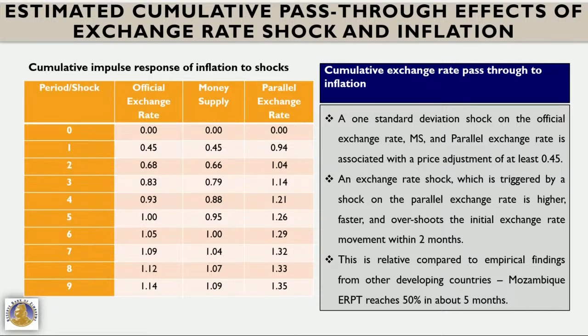When you shock the parallel market exchange rate, the response is even higher, reaching about 0.94, which means the parallel market exchange rate's influence on inflation is much higher compared to the official, which is more or less the same as money supply.